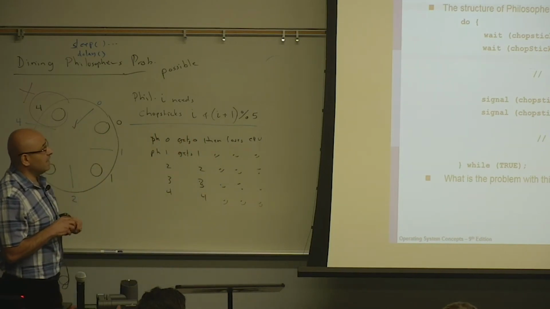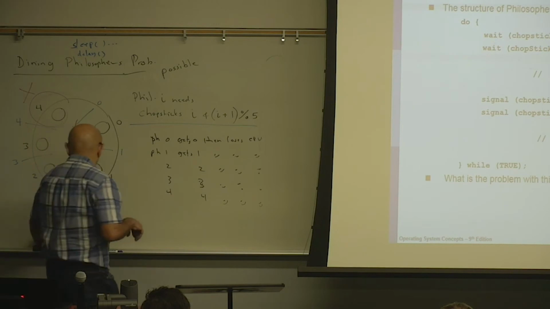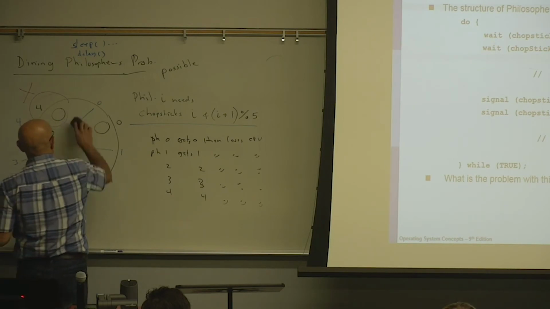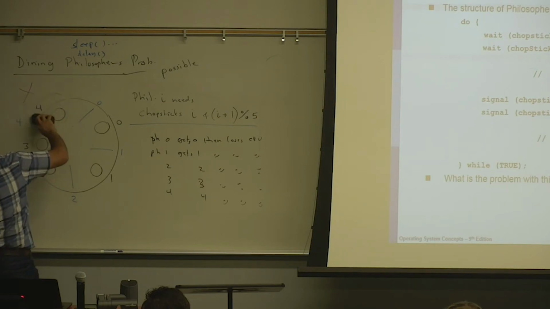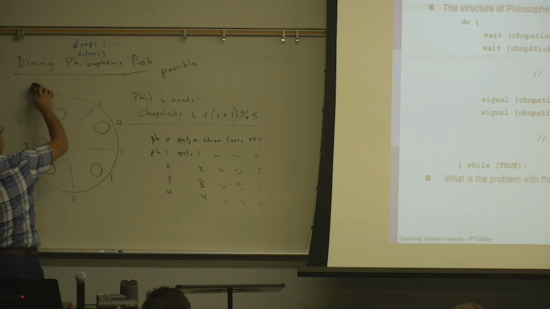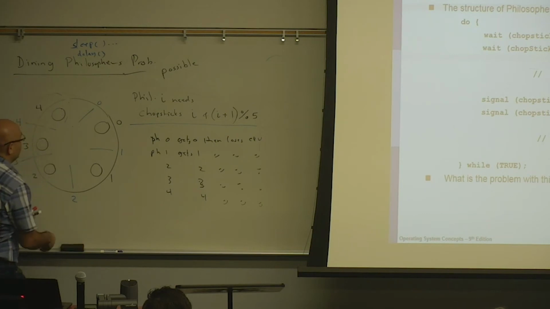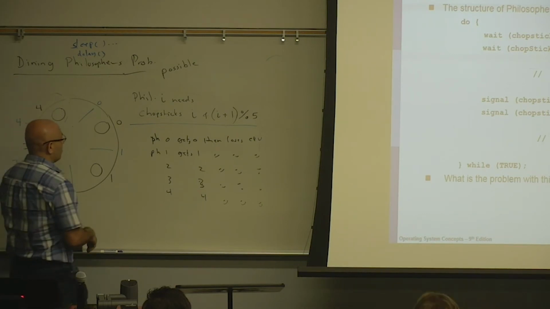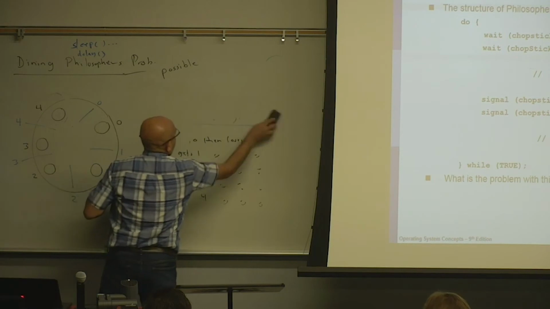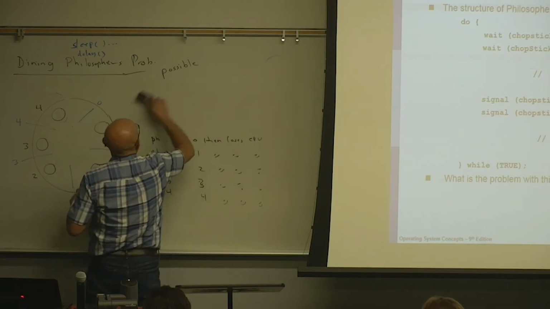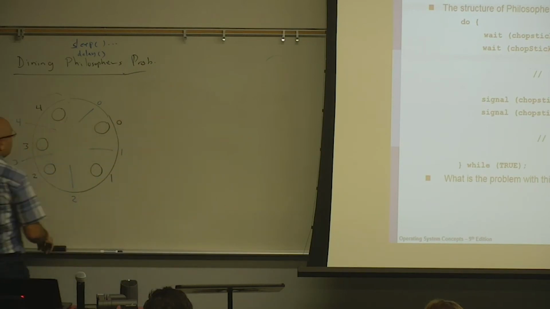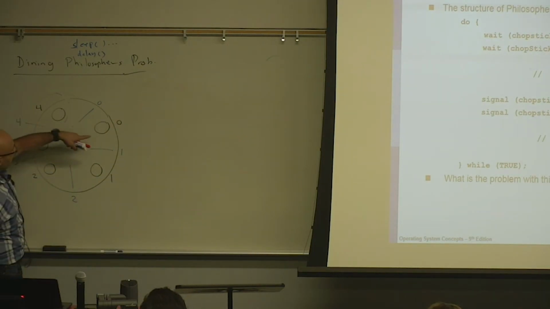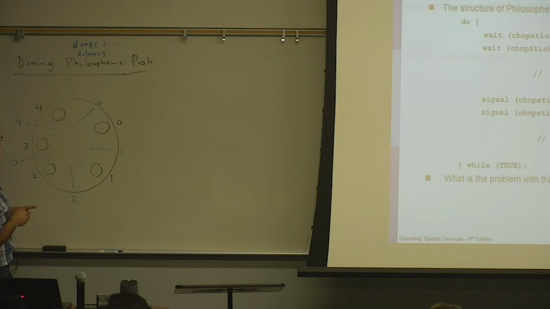Another solution is an asymmetric solution, which means that we can have processes pick their semaphores in a different order. So we can say that an even numbered process gets the right chopstick before the left, and an odd numbered process gets the left before the right.